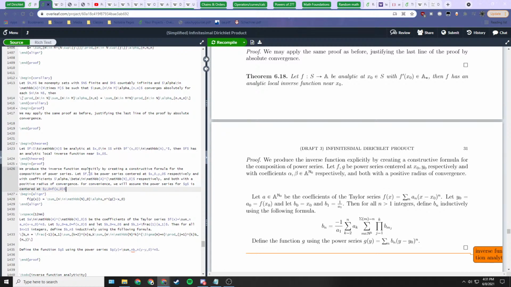Okay, so we'll assume the power series for g is centered at y0 equals f of x0.